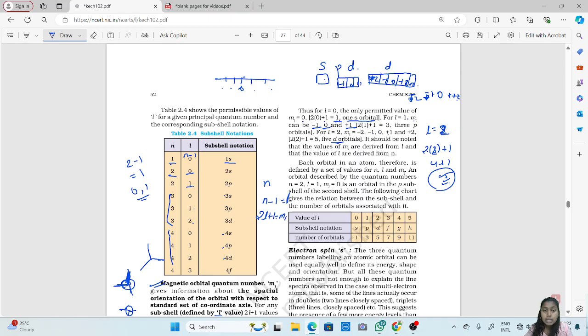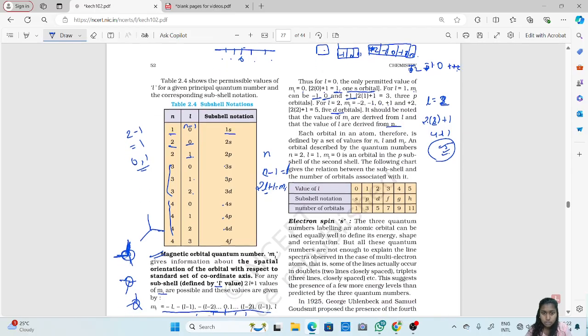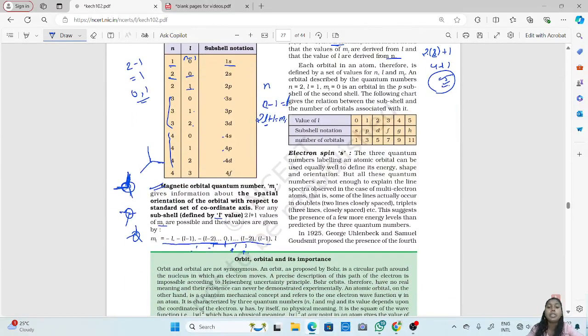It should be noted that the values of m_l are derived from l and the values of l are derived from n. As I told you here, right? l is derived from n and m_l is derived from l. So they are interconnected with each other. Now each orbital in an atom is therefore defined by the set of values of n, l, and m_l. So everything in an atom is basically given because of all these three numbers.